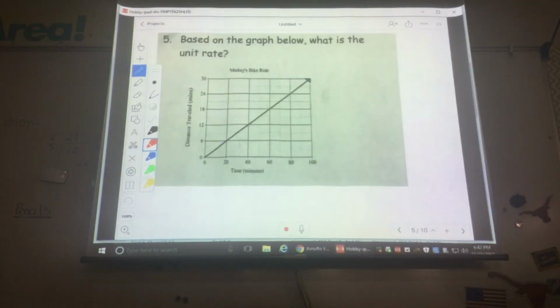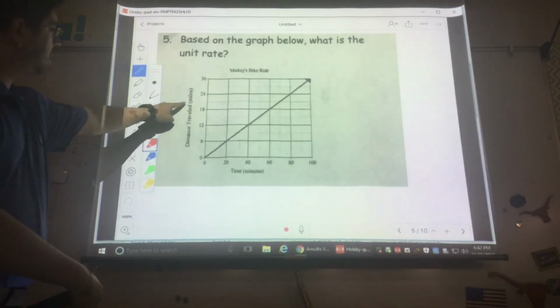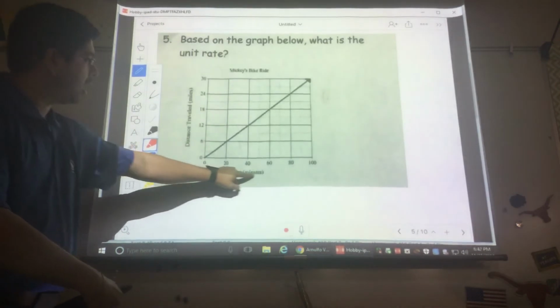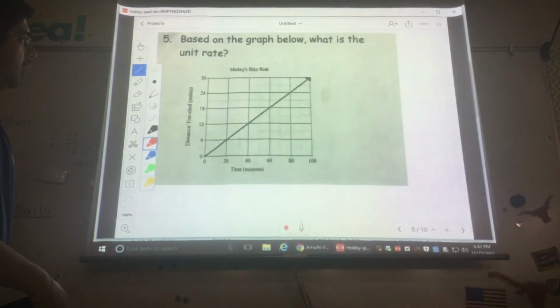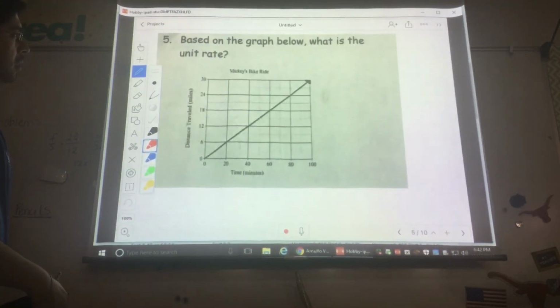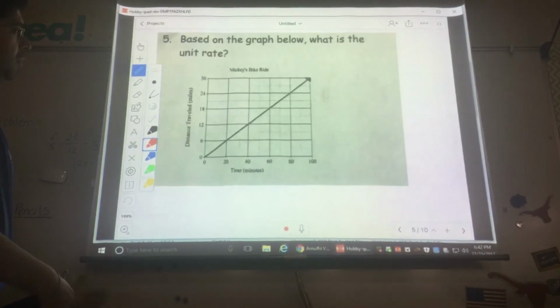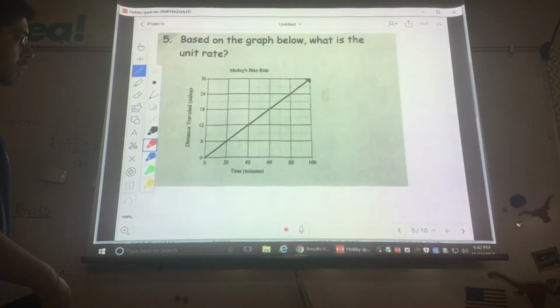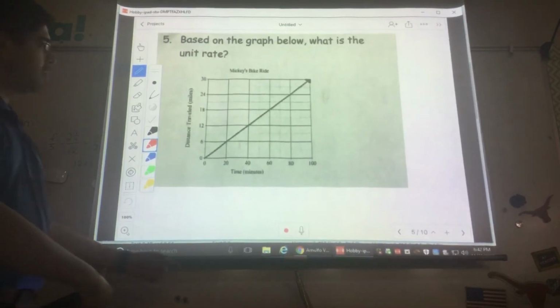Okay, number 5. Based on the graph below, what is the unit rate? So we're talking about unit rates again. So we need to find out when, here we have distance traveled in miles and then the time in minutes. So with this Mickey's bike ride, what we're really trying to figure out is the time in minutes.